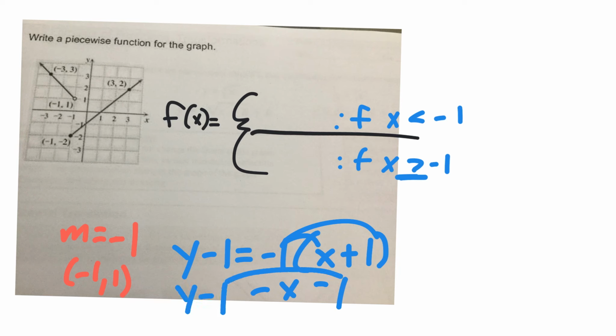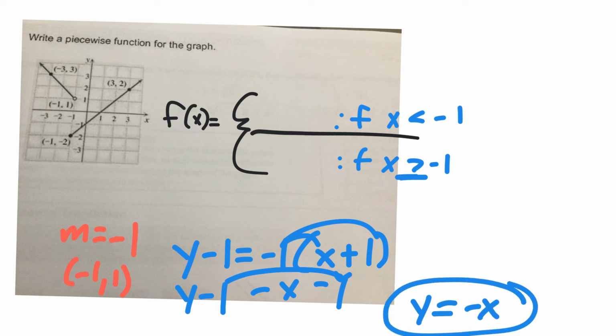And then we move this -1 over. It becomes positive. So that would be y equals -x minus 1 plus 1. So it's just like that. So the first piece would be f of x equals -x if x is less than -1. It would also work to do the absolute value of x if you wanted to. It would do the same thing.